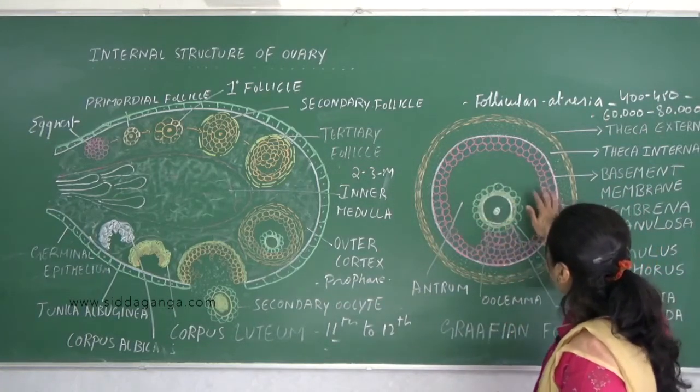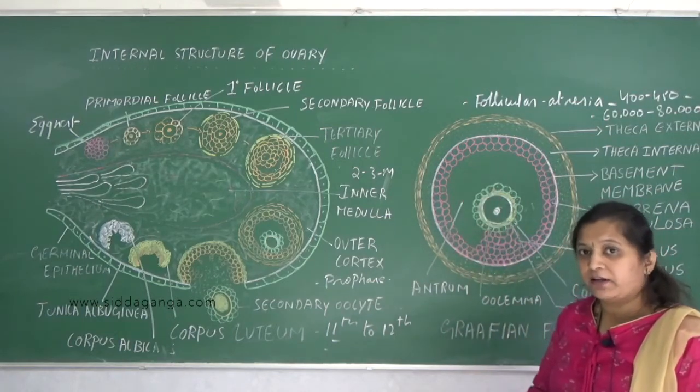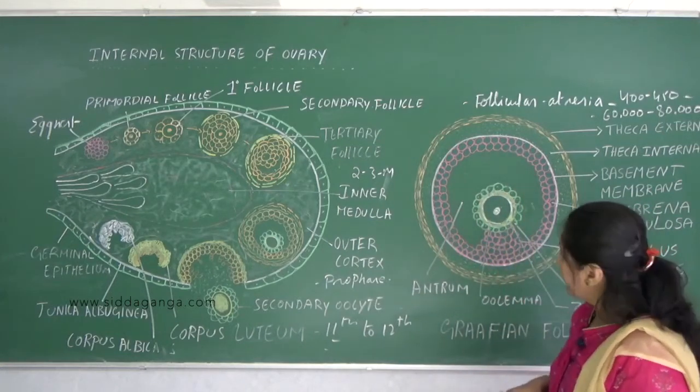The cavity is called the antrum, which is filled with a fluid called liquor folliculi, rich in estrogen secreted by the granulosa cells.